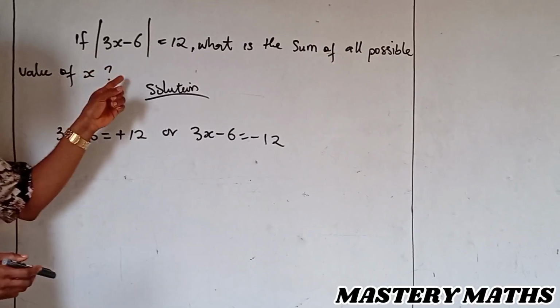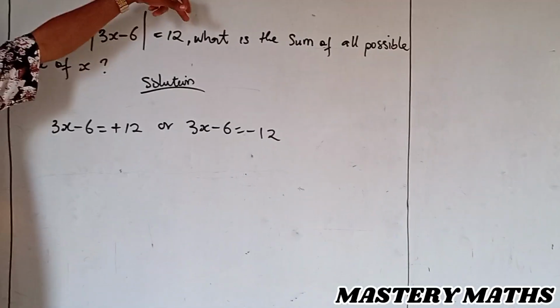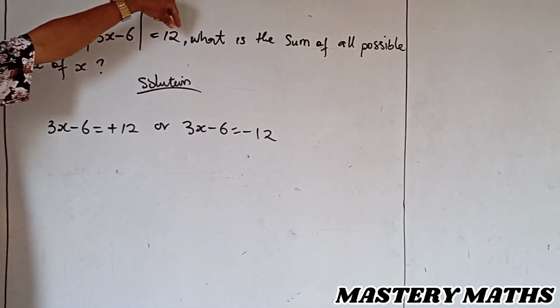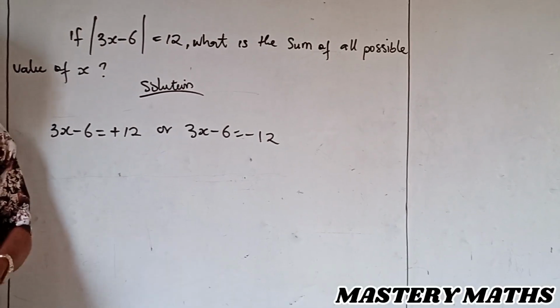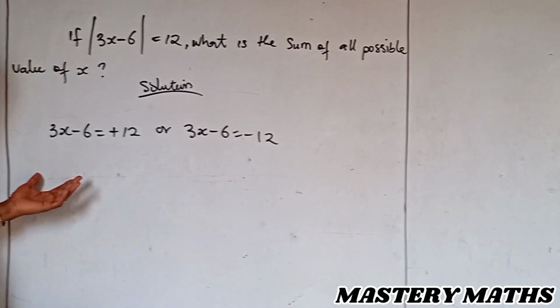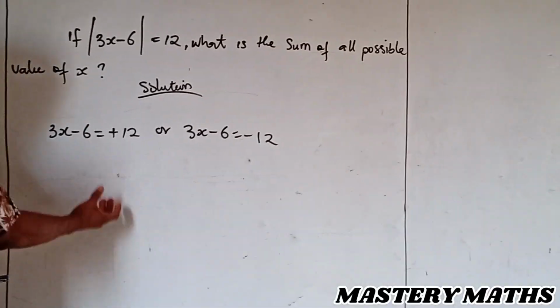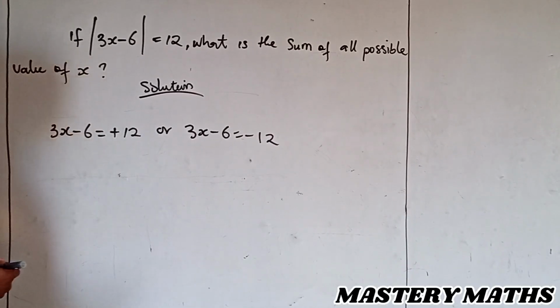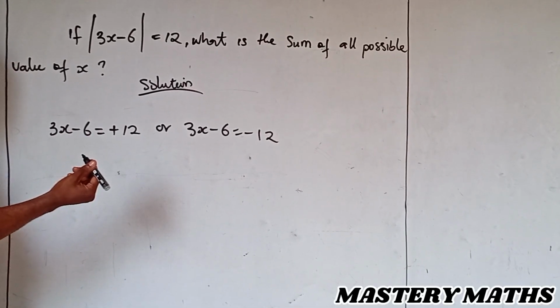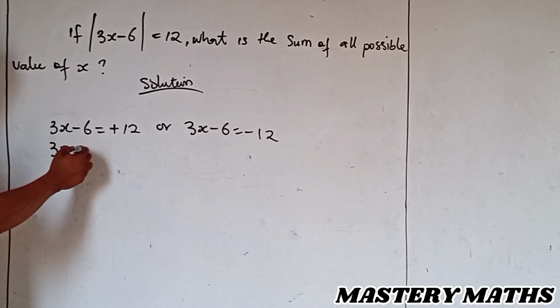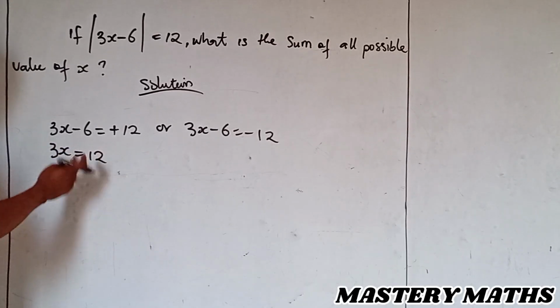The absolute value will split the equality of that number outside into two, having a positive and a negative answer. Now, we need to solve for this and the other part. In order to solve for this, we collect our like terms, which will be 3x equal to 12.